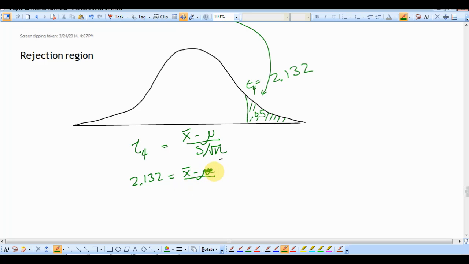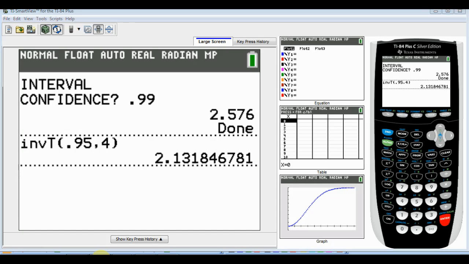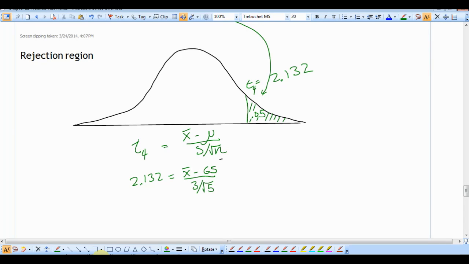What was mu? 65. S squared was 9, so s equals 3 over root 5. So let's solve that real quick. Wait, I thought they gave us the sample mean, 68.25. Oh no, we're doing something else. We're finding the rejection region. Yeah, exactly.